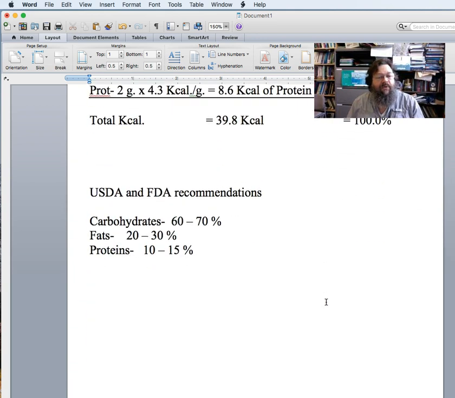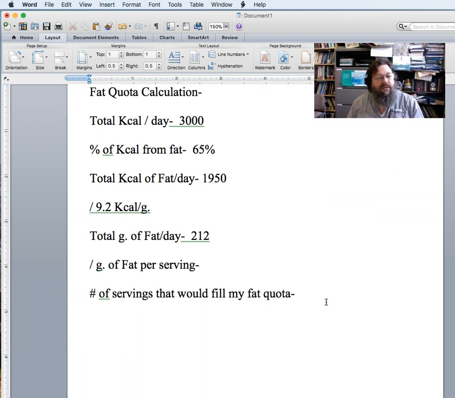So what I'm going to do is take that number of grams of fat per serving, 2.5, and I'm going to take my 212 and divide by 2.5. That's going to tell me how many servings of this sour cream I would need to fill my fat quota for the day.